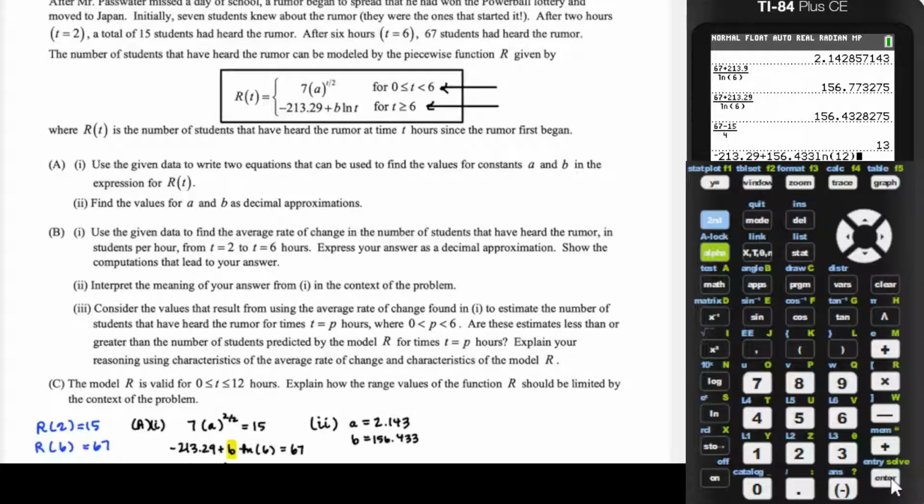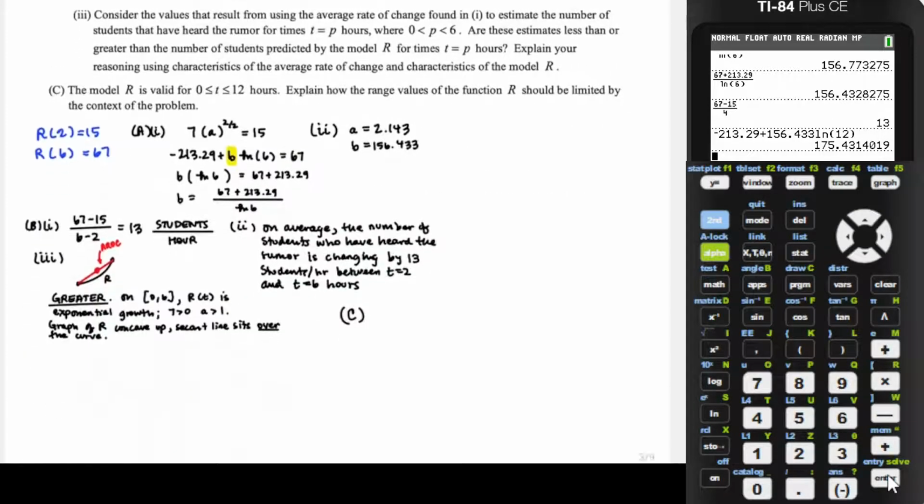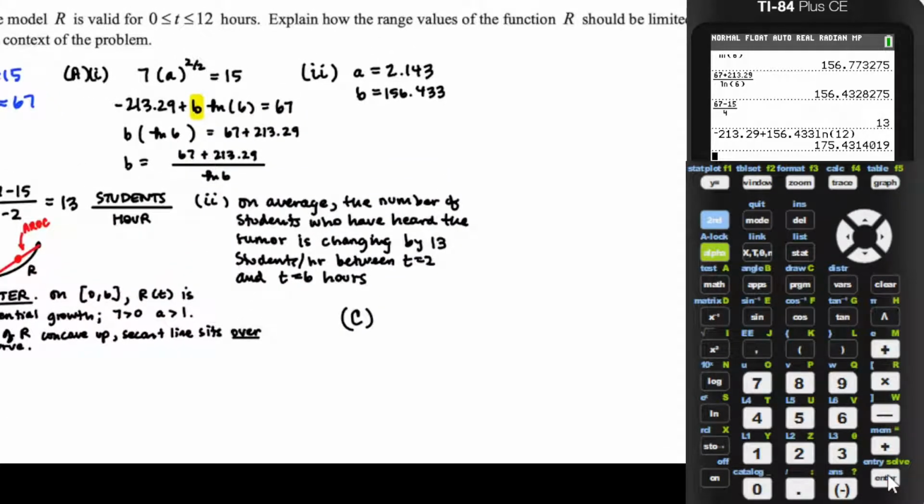Yeah, t equals 12. And we get 175. Maybe there's only 175 students in the school or something. I'm not really sure what to say about that. I'm just going to give the best crack I can at it. Should be limited by the context of the problem. There are a limited number of students in the school.